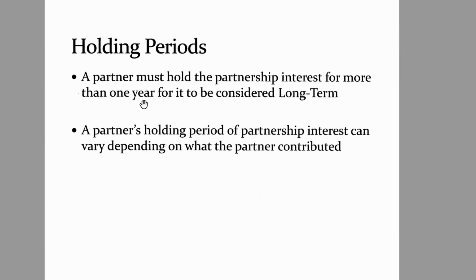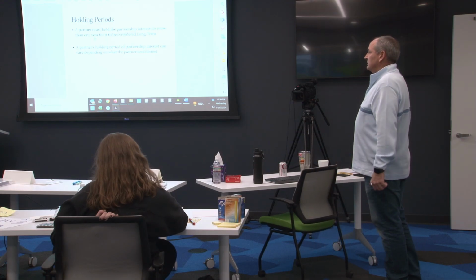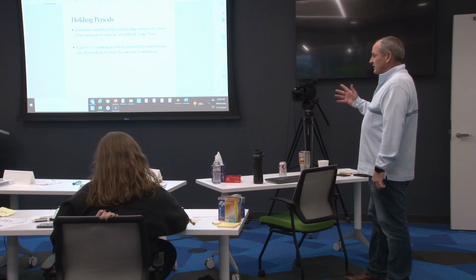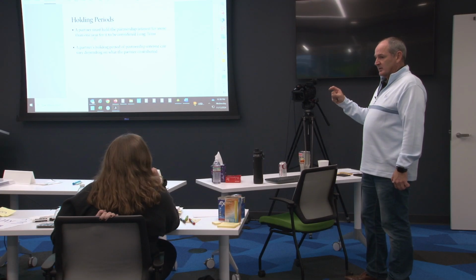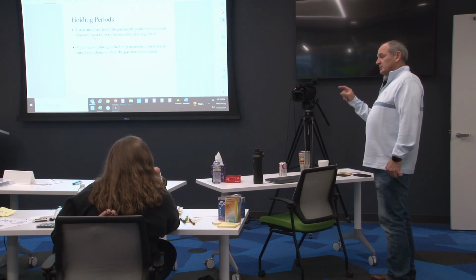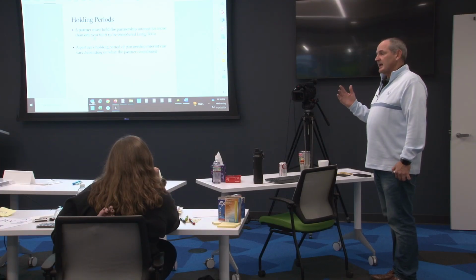And this has more to do with just recognition, because generally with a partnership interest, 9 times out of 10 or 99 times out of 100, nobody's going to do an analysis to figure out the holding period of the partnership interest. If I've been a partner in the partnership since 1980, then I'm going to have a long-term holding period.